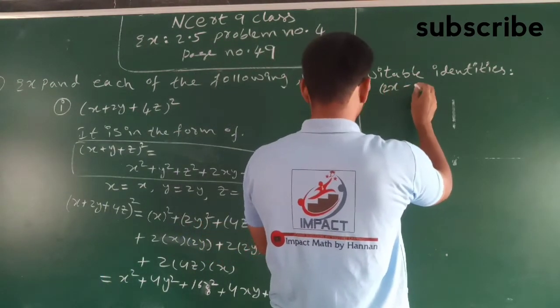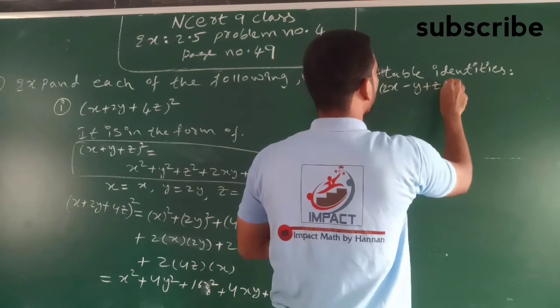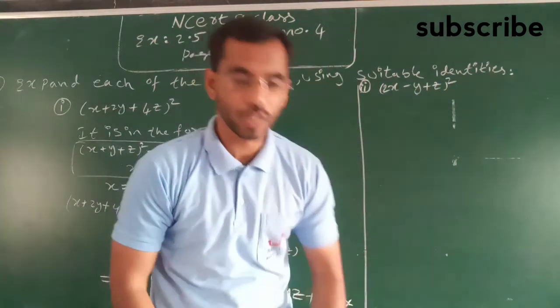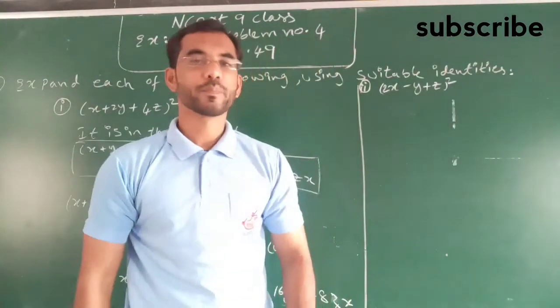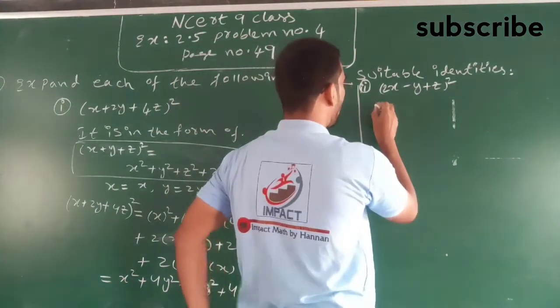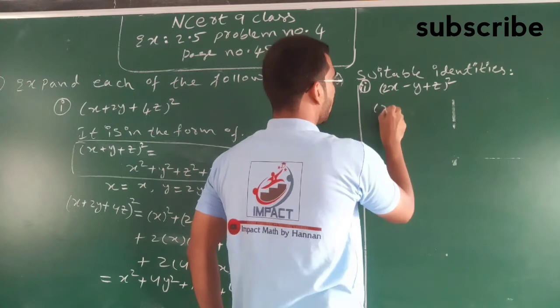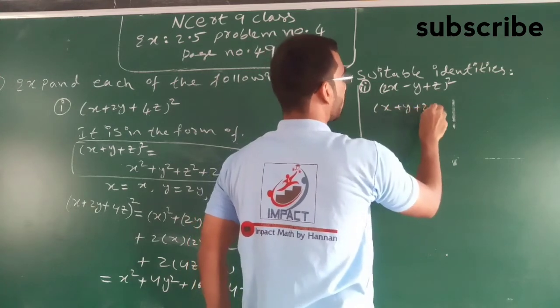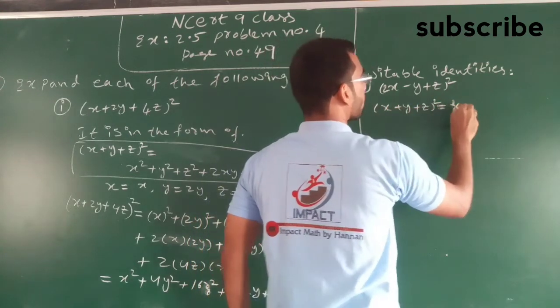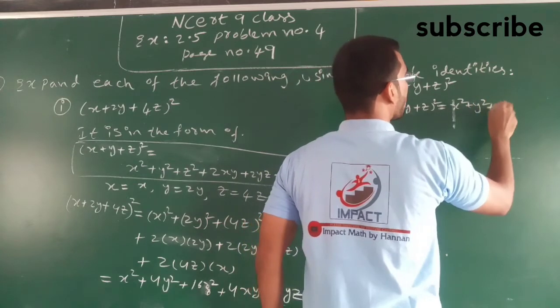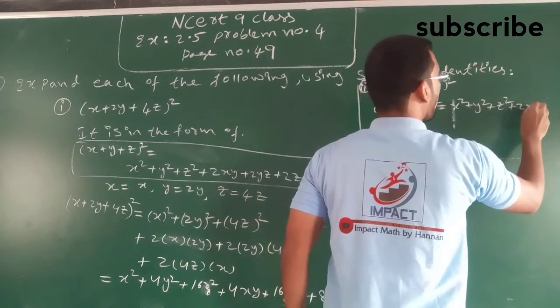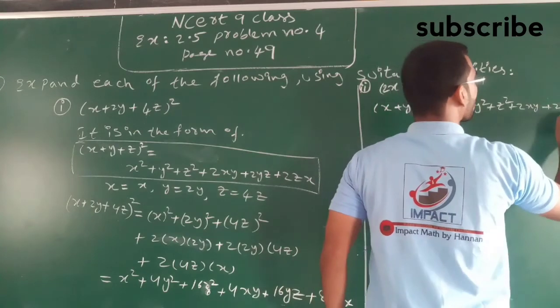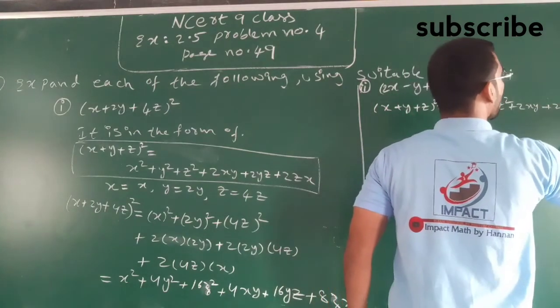2x minus y plus z whole square. See here. It is also in the form of x plus y plus z whole square. That is x square plus y square plus z square plus 2xy plus 2yz plus 2zx.